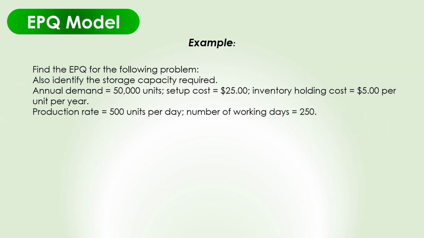So, para mas malinaw siya, we have here an example. Now, find the EPQ of the following problem and also identify the storage capacity required. Given annual demand is equal to 50,000 units, the setup cost is $25, the inventory holding cost is equal to $5 per unit per year, and the production rate is equal to 500 units per day, and the number of working days is 250.